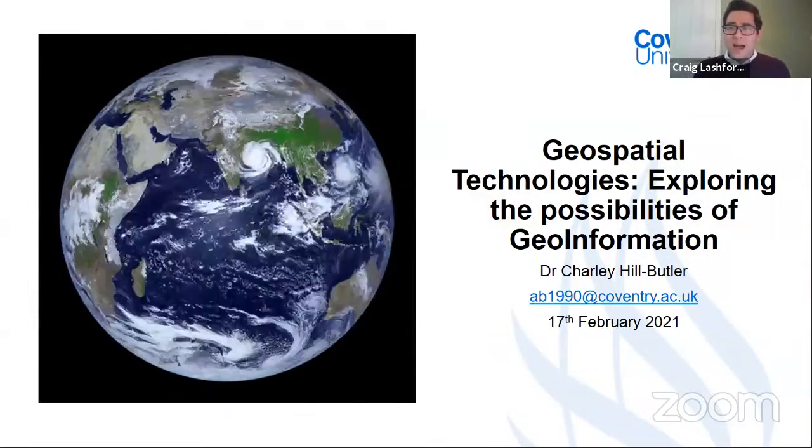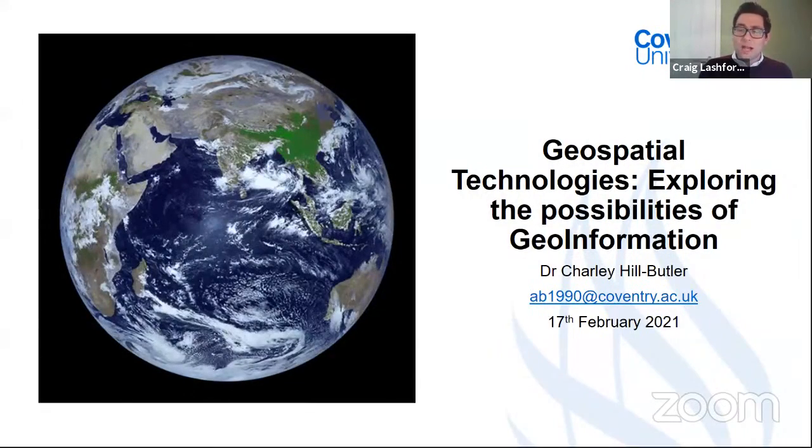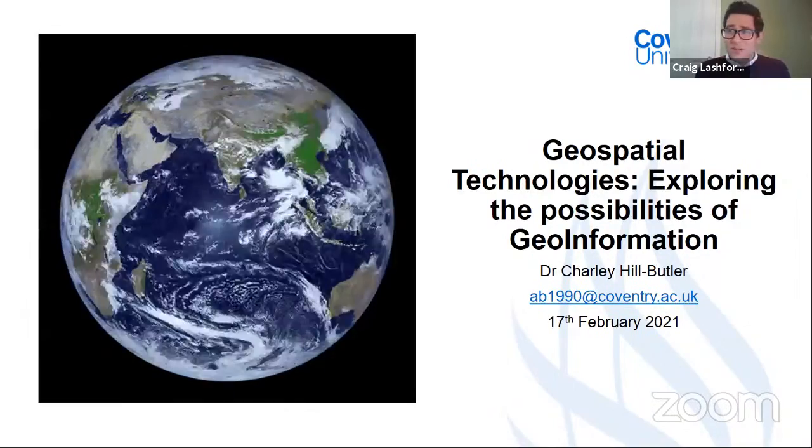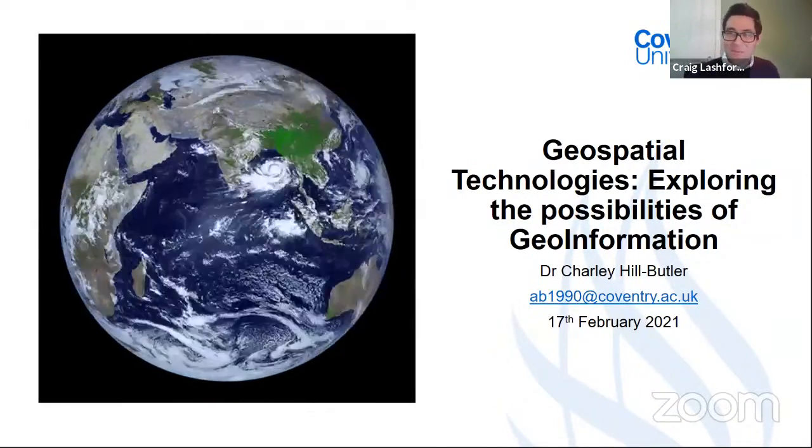But this week, I am pleased to introduce my fantastic colleague, Dr. Charlie Hood-Butler, who is the course director for Geography and Natural Hazards at Coventry University. She did her undergraduate with myself and her PhD alongside me pretty much as well.